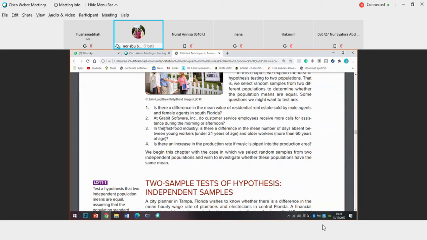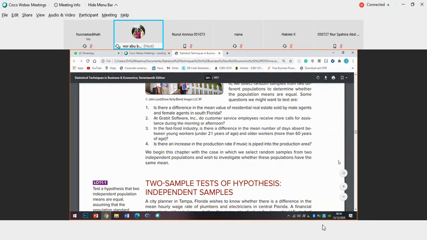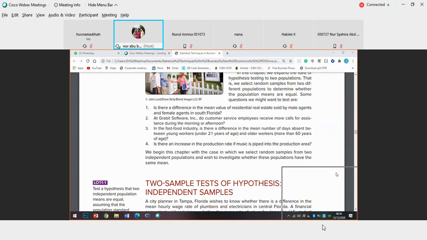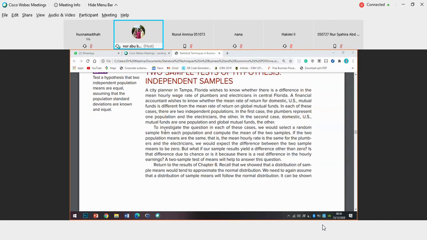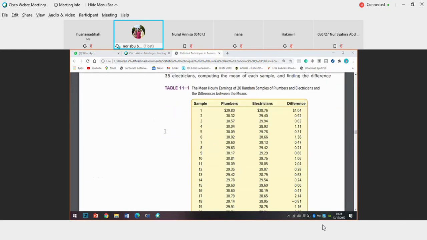Okay, whether I want to recruit more young workers or elderly workers. I don't know. So that's why it is important for you to know if there is a difference. Kalau tak ada apa-apa perbezaan, then okay, kita boleh buat a better decision with the statistical tool.